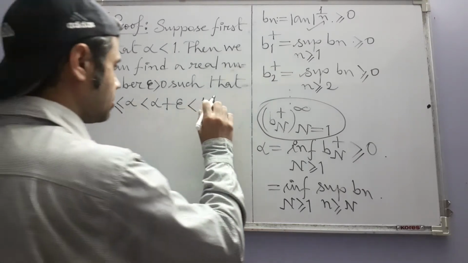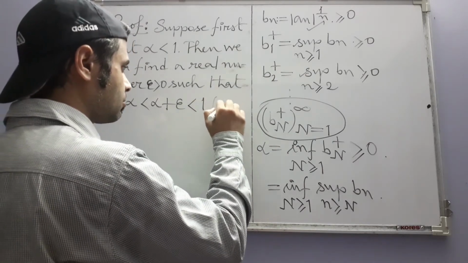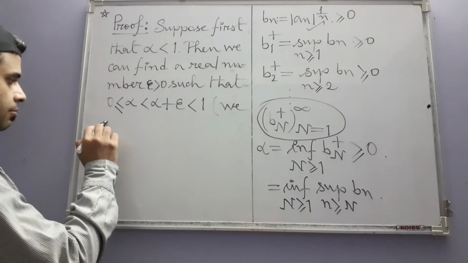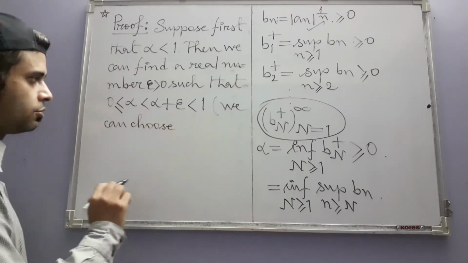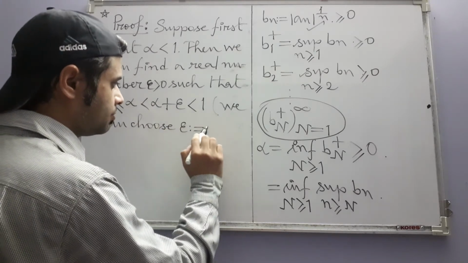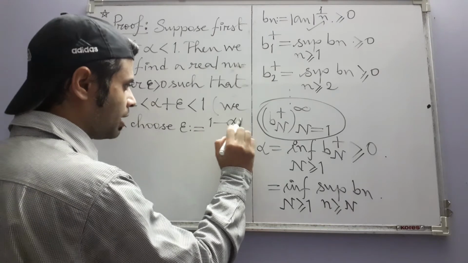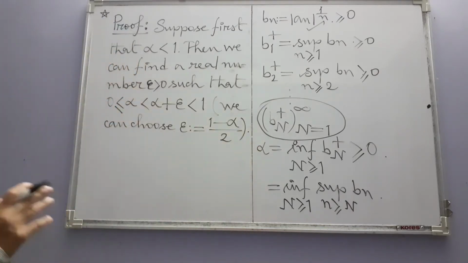In fact, the author himself writes, we can choose epsilon to be equal to (1 minus alpha) divided by 2. What happens if we choose that?